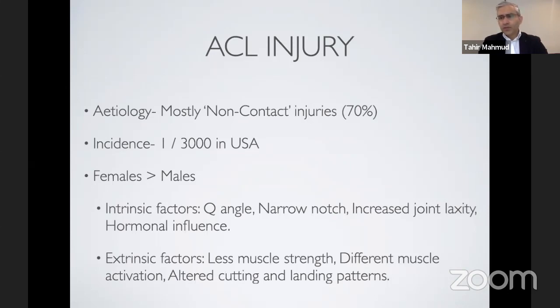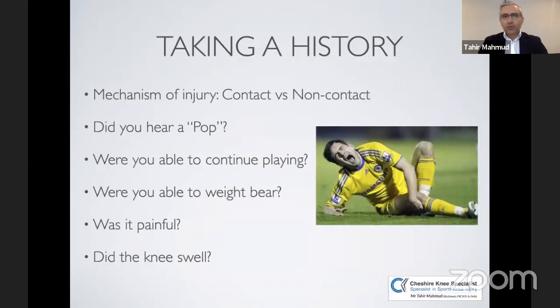They're more common in females than males, and there may be intrinsic factors such as the Q angle, which is greater in the female, a slightly narrower intercondylar notch, which can result in impingement of the anterior cruciate ligament, increasing chance of rupture, increased joint laxity, possibly in the female population, and hormonal influences as well. There are extrinsic factors like less muscle bulk, less muscle strength, different muscle firing patterns, different landing patterns as well, which can contribute potentially to increased risk of injury to the ACL in the female sporting population.